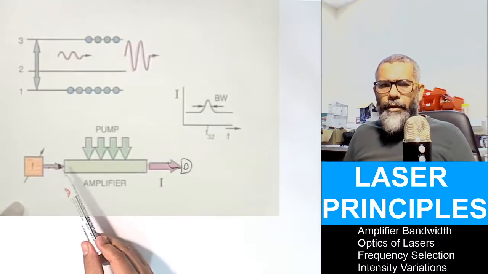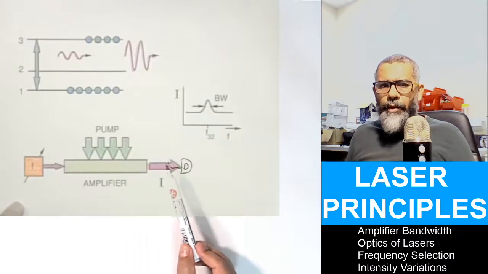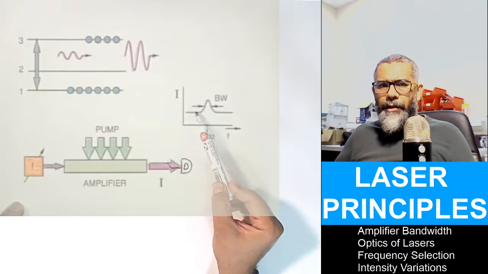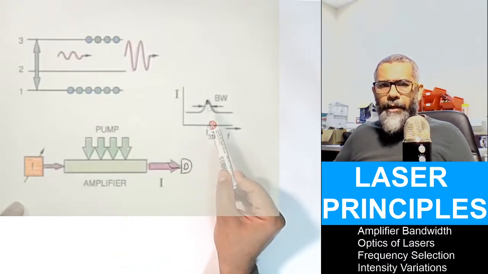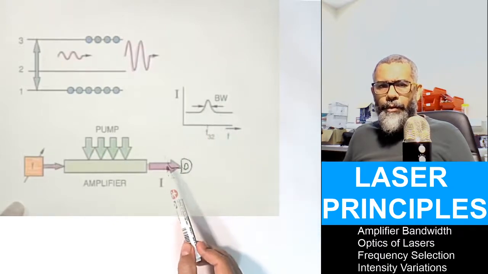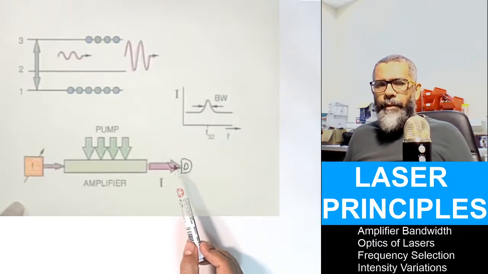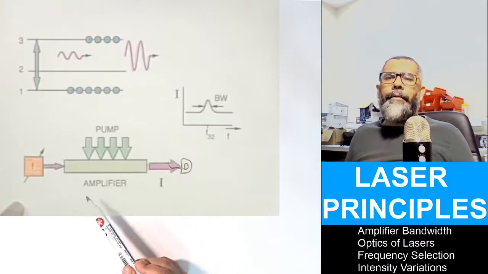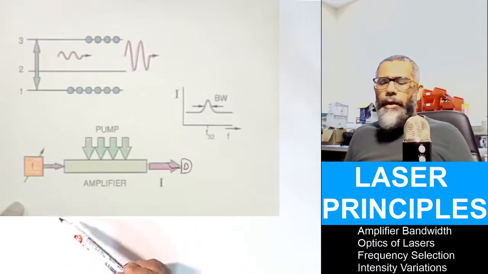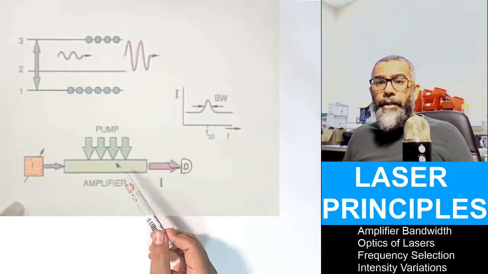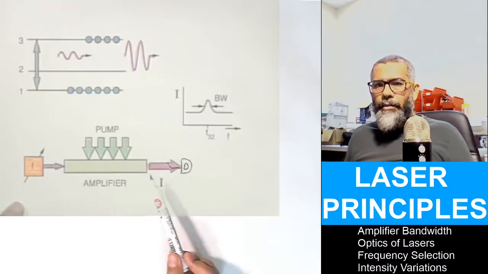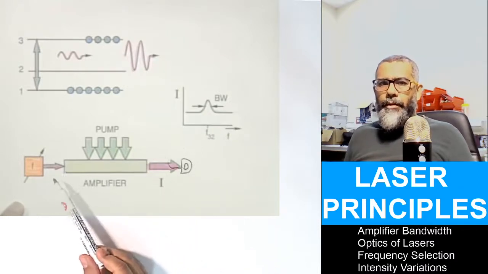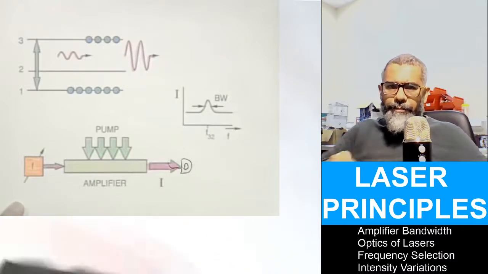This is the intensity of the incoming photons, and this is the peak intensity of the outgoing photons over here. So you now have an amplifier. Okay, this is an amplifier, but it is not a laser, because you see there are no mirrors over here. In order to have a laser, you must have mirrors.